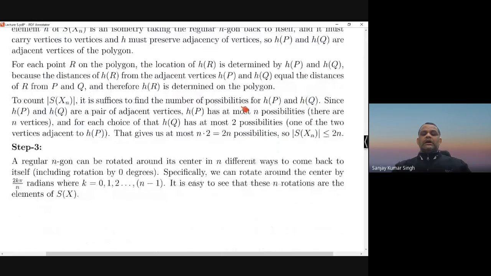So now to compute the order of the symmetry group of the regular n-gon Xn, it is enough to understand the possibilities of the image of P and Q, or basically the number of possibilities for HP and HQ.